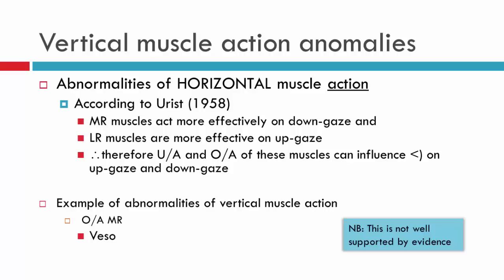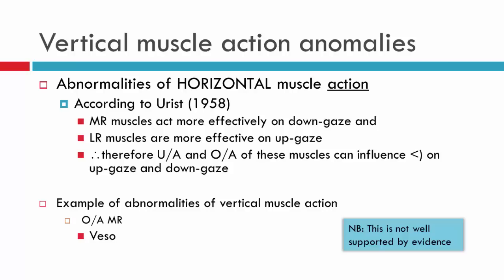Now, it's also thought that horizontal muscle action, so an overaction or an underaction of the medial or lateral rectus, could result in an AV pattern. Now, this is not as well supported by the evidence, and Urist in 1958 was the first to indicate that an over or underaction of the medial rectus can cause an AV pattern. The theory goes that the medial rectus acts more effectively in downgaze as compared to the lateral rectus, more effectively in upgaze.